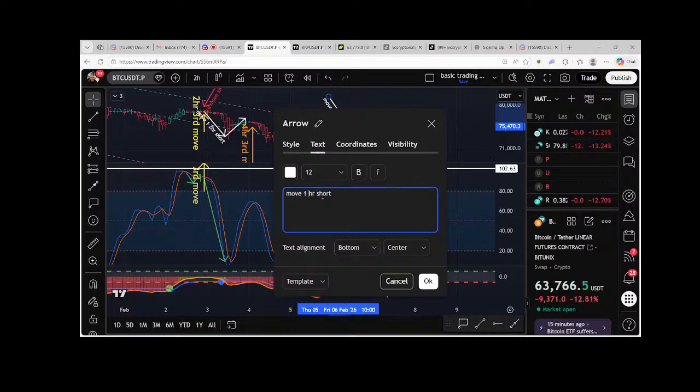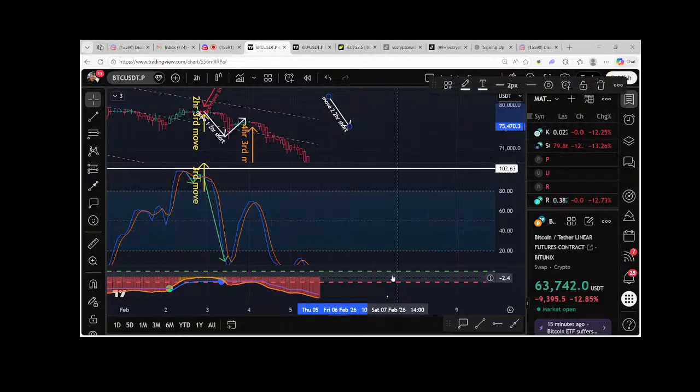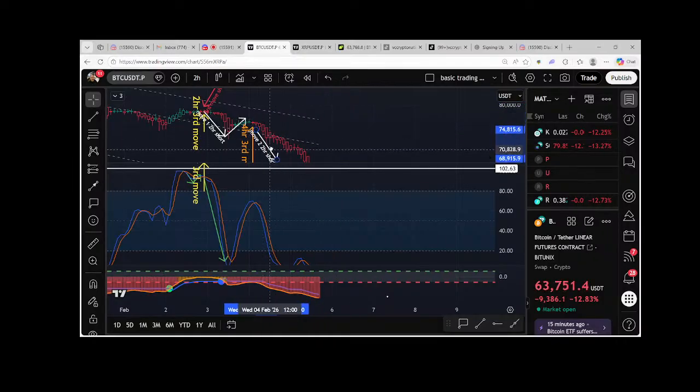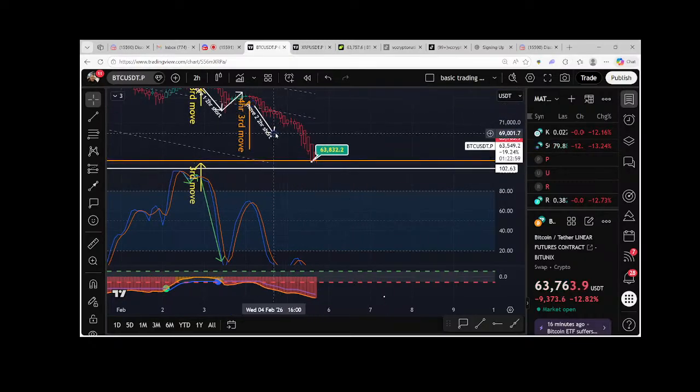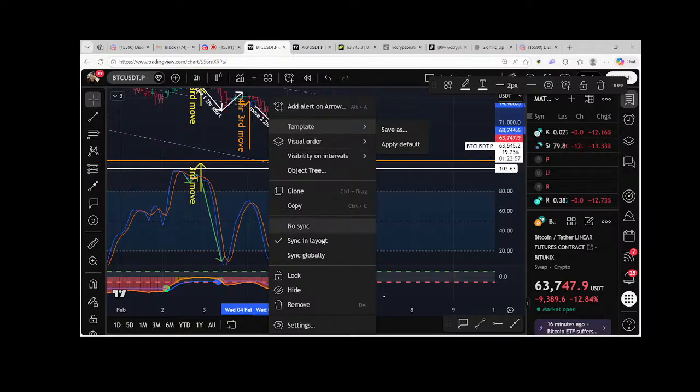So what we're looking for is this to move into the 4-hour time frame, right? Because just like we start our short on the 2-hour, the 4-hour is the next move that we're getting. So right here, as it starts to move down, that is the third move for the 2-hour short.